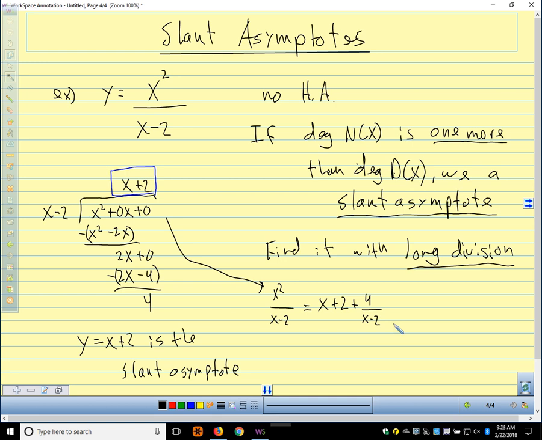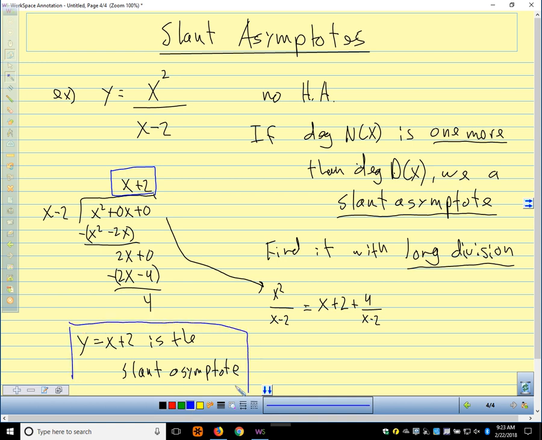We keep dividing by a really, really big number. It gets really, really small, right? As x gets really big, this fraction gets so small that it's really not important. And the only thing that tells us about the function is that x plus 2. So that's going to be our slant asymptote. So y equals x plus 2 is the slant asymptote here.